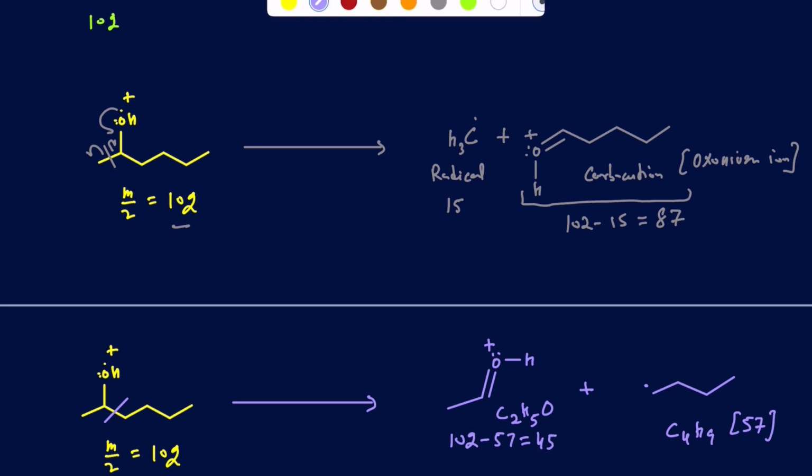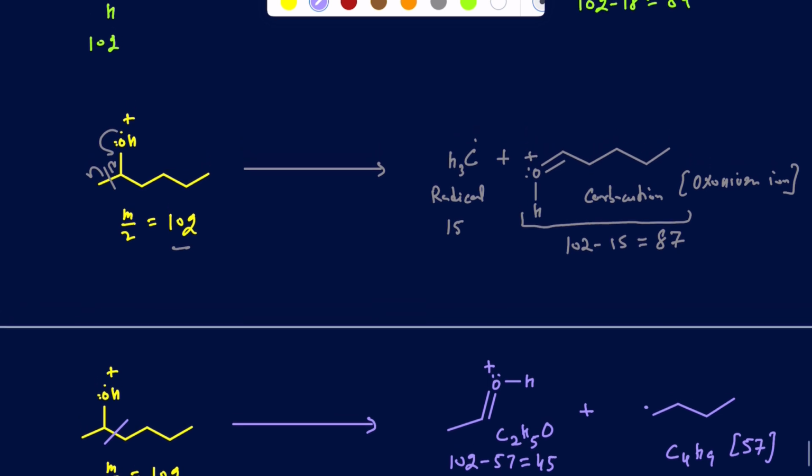And you can just double check the math here. C4H9 is 48 plus 9, that's 57. So that is going to end up being the math here. So that 45 should be another signal coming from that oxonium ion, carbocation.